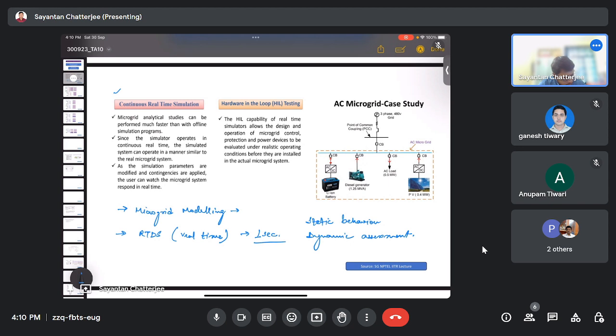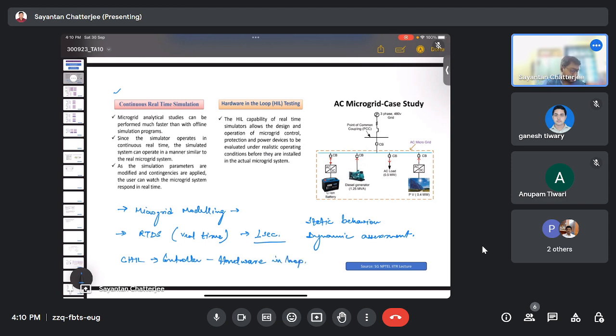Also, if someone models any kind of system, we have the CHIL subsection, which is also known as controller hardware in loop.